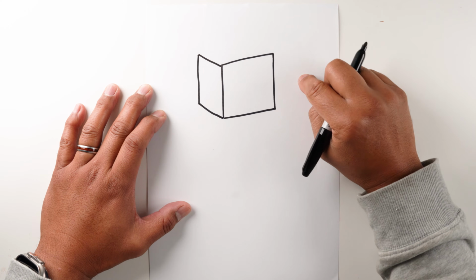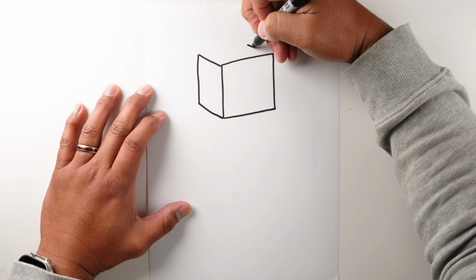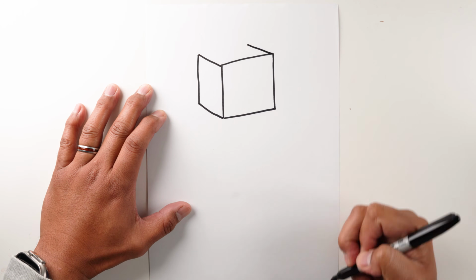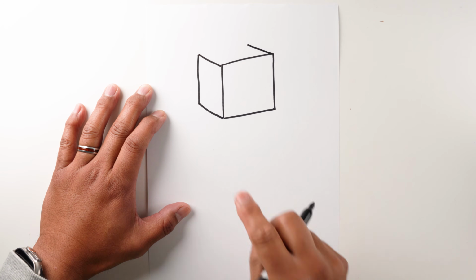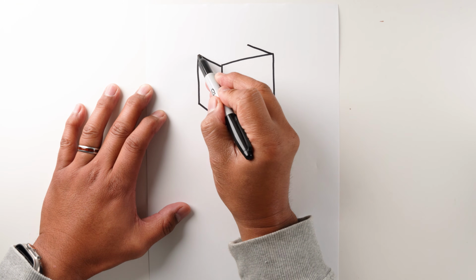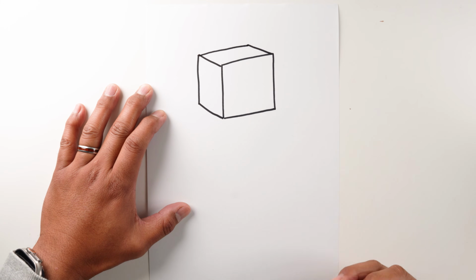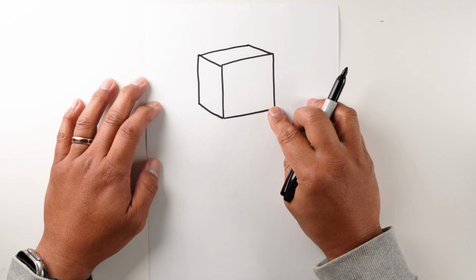Now to finish off the top of his head, I'm going to do another straight line that comes at an angle like this, and connect these two points with another straight line. And now you've got yourself a 3-dimensional cube.